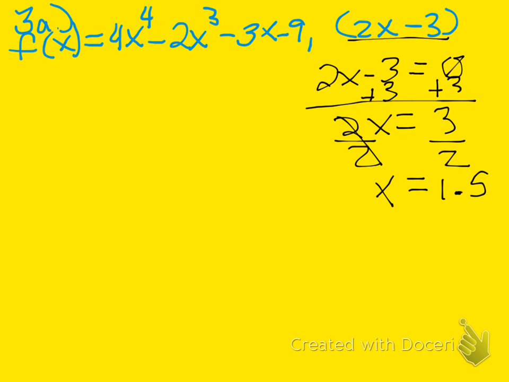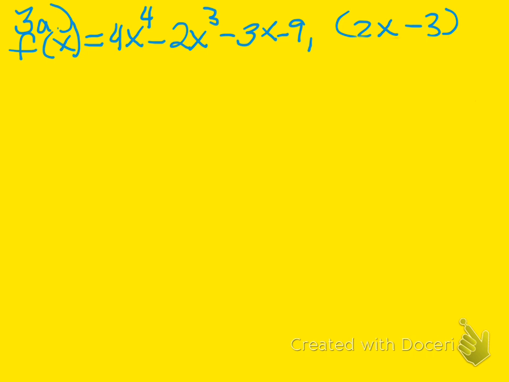So let's set up our synthetic division. First things first, draw your box, draw your line, and make your long T. Your 0 that you just found always goes up here in the box.